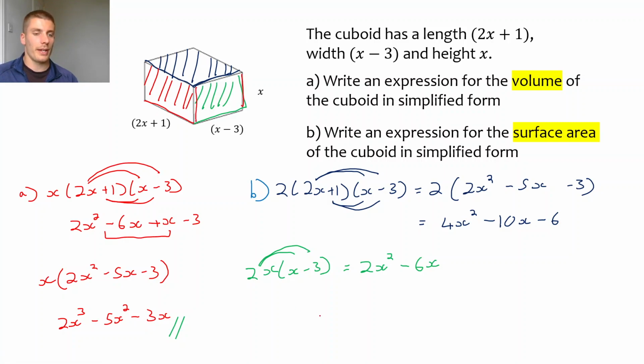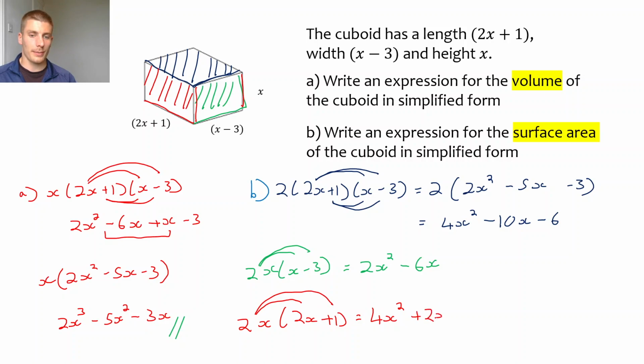So again we've got 2 lots of x, times 2x plus 1. 2x times 2x gives you 4x squared. 2x times plus 1 gives you plus 2x. So we've now got the surface areas of all of the 6 faces.